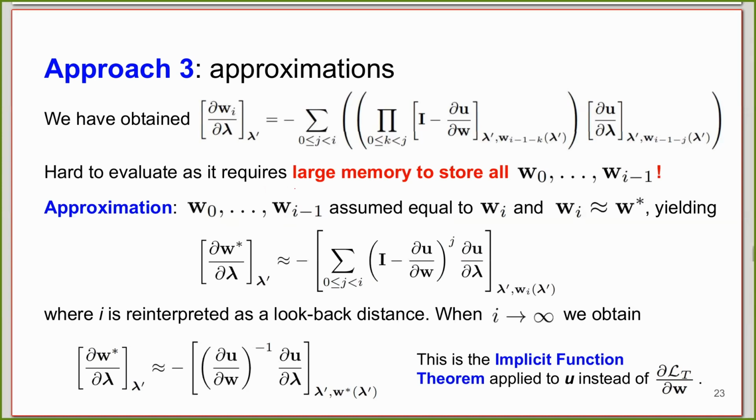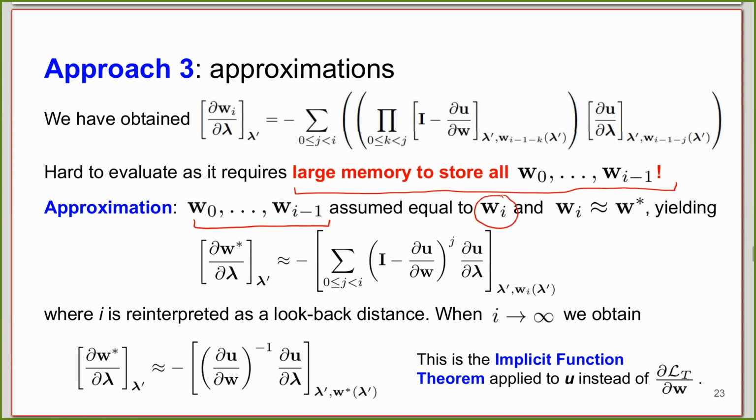This is memory intensive. It requires storing all the weights. What we are going to do is say, you are just optimizing the weights, and maybe your weights don't change that much during your optimization. You are going to make small changes following some gradient, and there are not going to be massive differences. So what you can do is assume that the weights you obtain through your optimization are all the same as the last one.